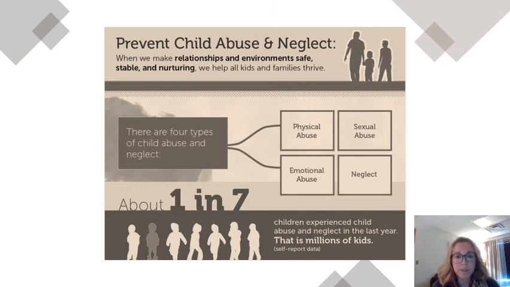So in order to do that, we must ensure that we make relationships and environments safe, stable, and nurturing. That is how we help all kids and families thrive. There are 4 different types of child abuse and neglect, as I had mentioned in those charts. We have physical abuse, sexual abuse, emotional abuse, and neglect.